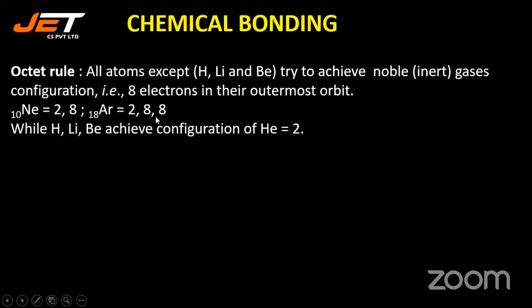Lithium, beryllium, hydrogen achieve the configuration of helium, which is 2. Anyone who tries to achieve the configuration of helium will not have 8 electrons in their outermost shell, because helium is a noble gas. They don't have to travel so much.